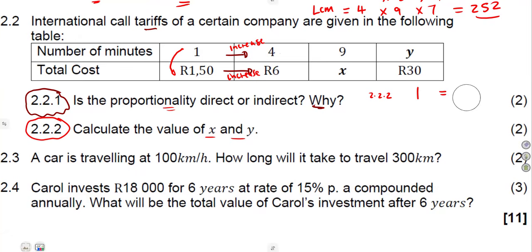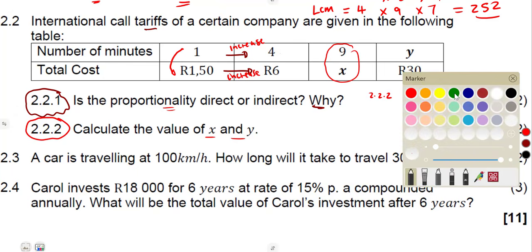So we can look at this part of 9 and x. The number of minutes is 9, but we need to calculate x. We do not know x. 9 corresponds to x, just like 1 corresponds to 1 rand 50. So what is the value of x?